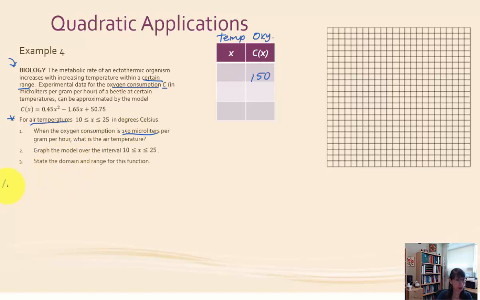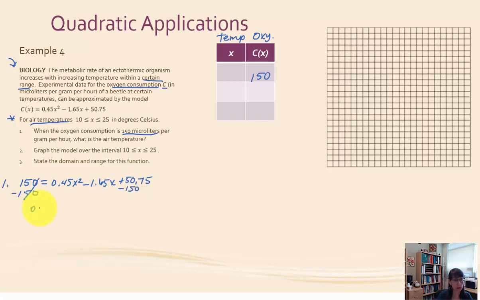So for part 1, the function is equal to 150. That means 150 is equal to 0.45x squared minus 1.65x plus 50.75. We'll need to put this in standard form, and we can do that by subtracting 150 from each side of the equation.